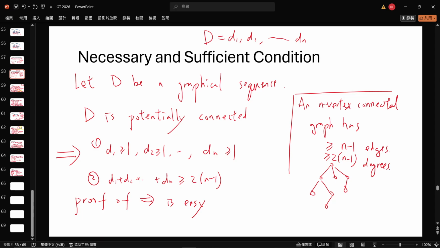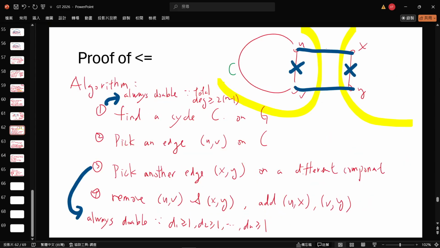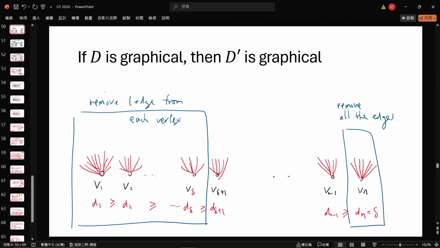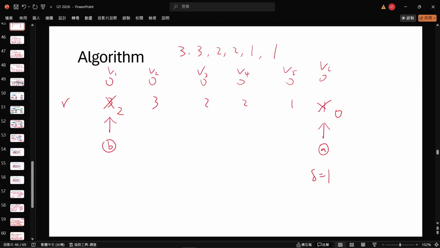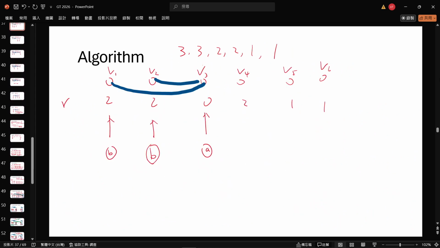And if the algorithm returns a disconnected graph, all you have to do is apply this algorithm to merge components, okay? So this is one algorithm to find a connected graph to realize it. In the next week, we're going to show that actually we can use a simpler algorithm to do this.